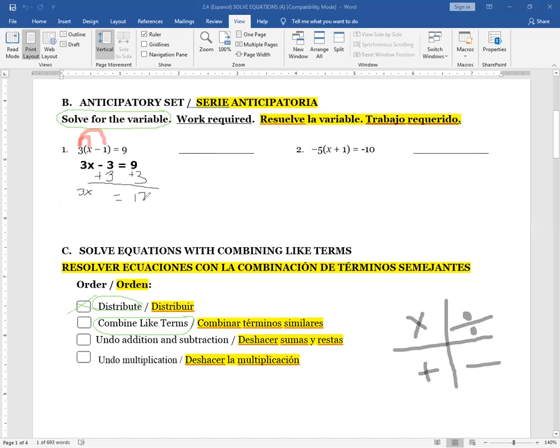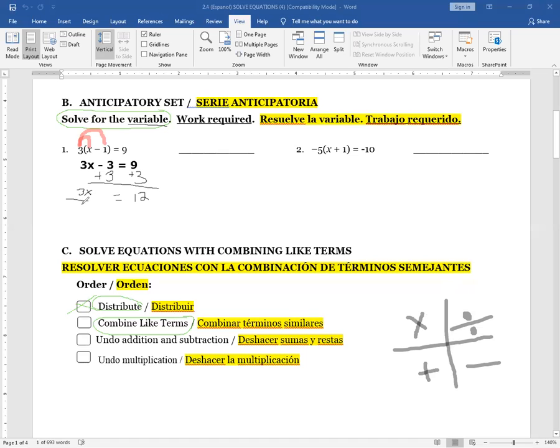So 3x equals 12. Now, if we look back here, we want to solve for the variable. The variable is x, so we want x by itself. So the way we're going to do that is we're going to do the opposite, because 3x is really 3 times x. What's the opposite of multiplication? Division.